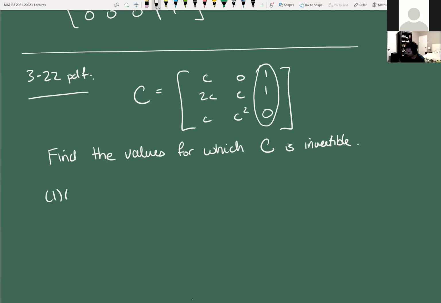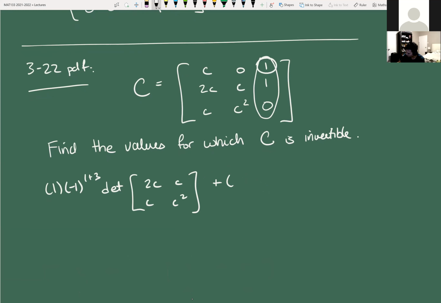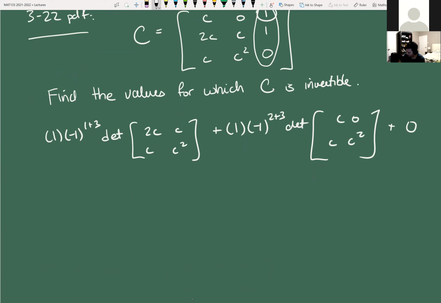So I would get 1 times negative 1, so I'm currently here, this is row 1, column 3, times the determinant of 2c, c squared, plus 1 times negative 1 to the row 2 plus column 3 times the determinant of c, 0, c squared, and then plus a bunch of zeros. This number here is just 1. So this thing becomes 2c cubed minus c squared.